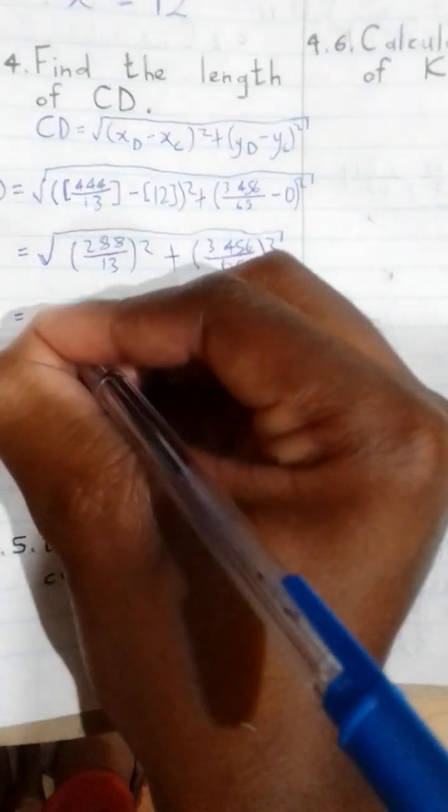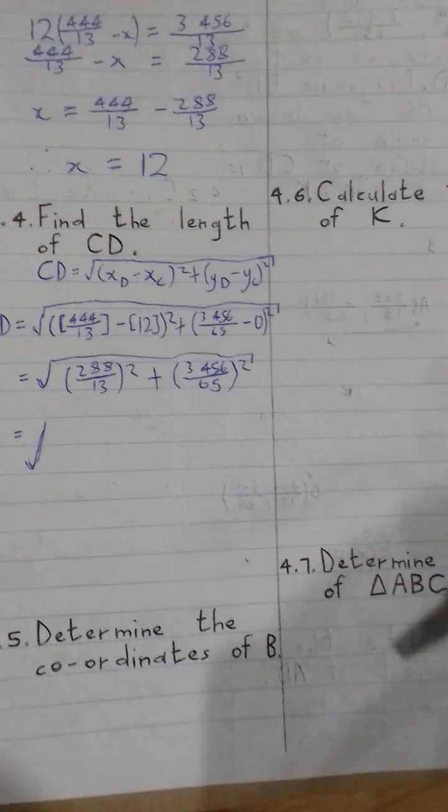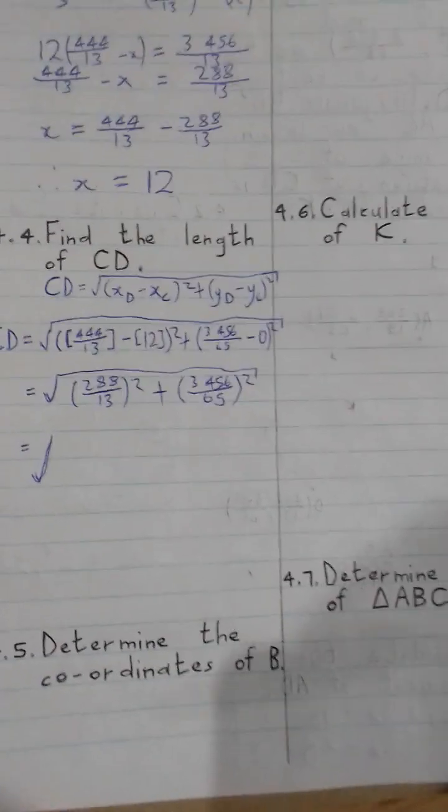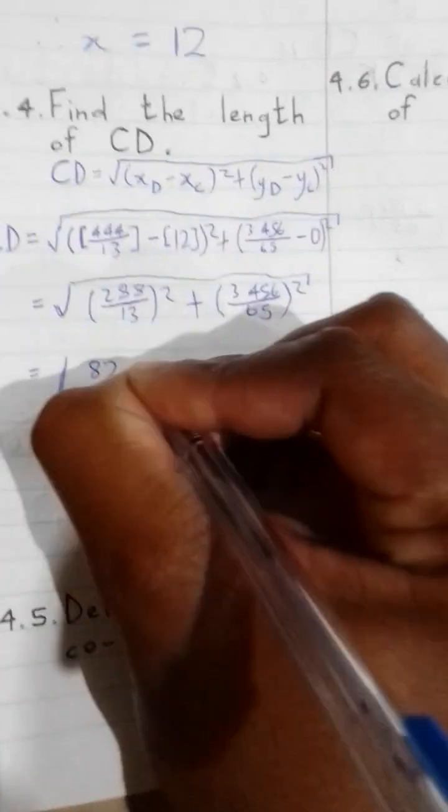Wow. Truth be told, I've never had such big figures, but okay. So 288 squared is 82944 over 13 squared, which is 169.